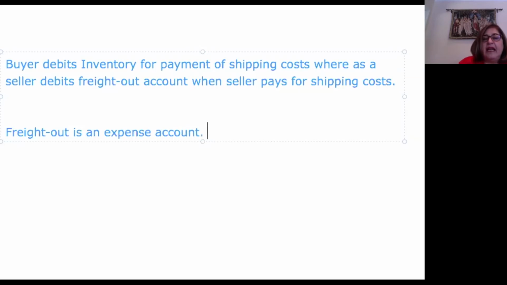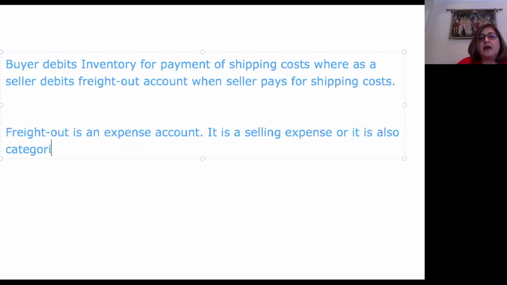Okay, and it's what type of expense? It's a selling expense, or it is also categorized as operating expense. So operating expenses are any expense that the company has to incur except cost of goods sold.